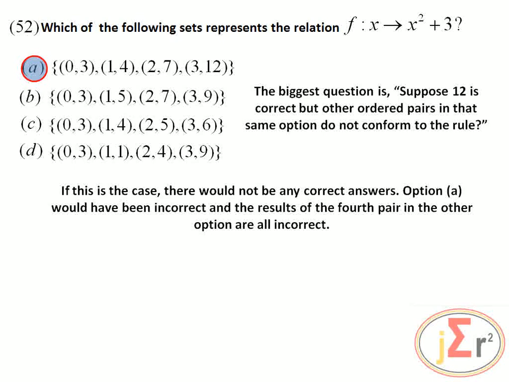If this is the case, there would not be any correct answers. Option A would have been incorrect, and the results of the fourth pair in the other options are all incorrect. If, after seeing that 12 is correct, we examined this one and it is not correct, what would we do?